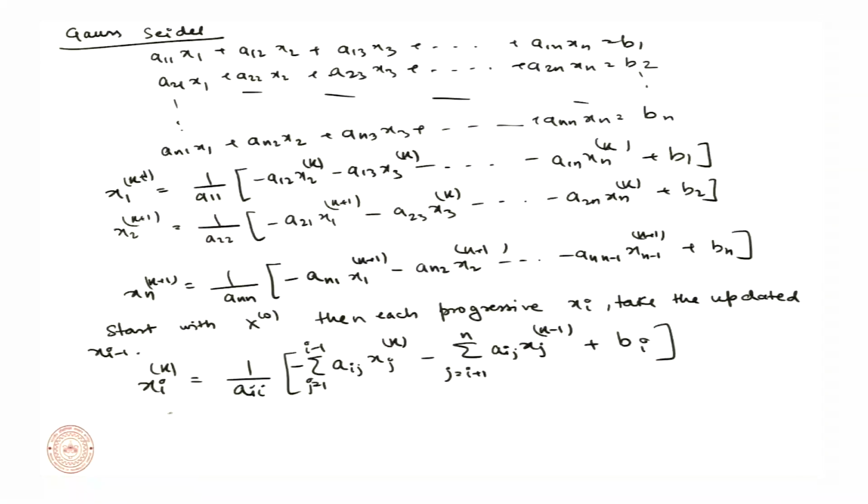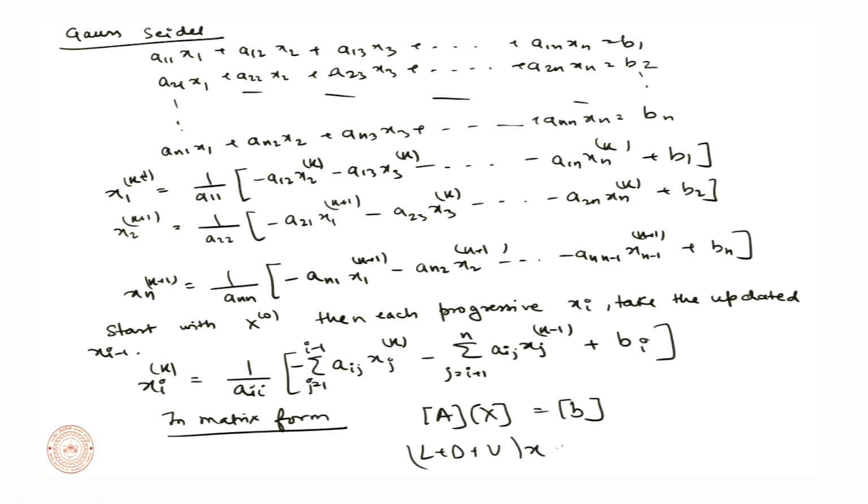Okay, in the matrix form, we again have the A matrix, X matrix equals the B matrix. A we have written as lower plus diagonal plus upper times X equals B. We know that the lower matrix terms are in reference to the previous values, 1 to i minus 1.